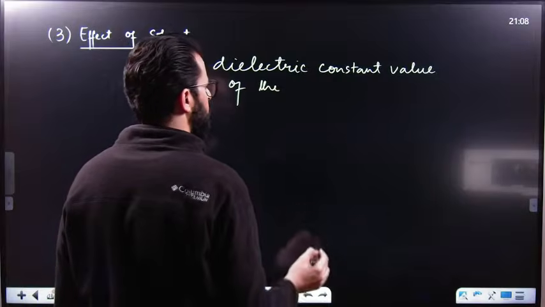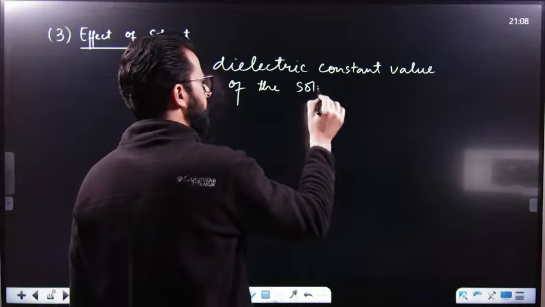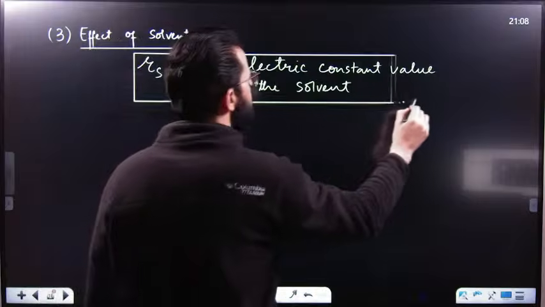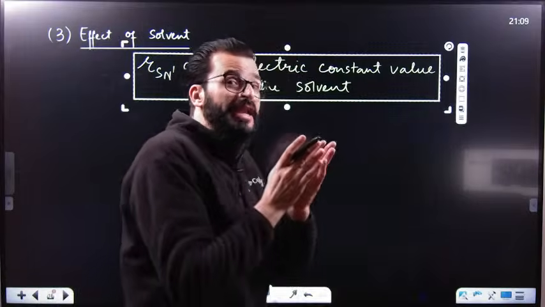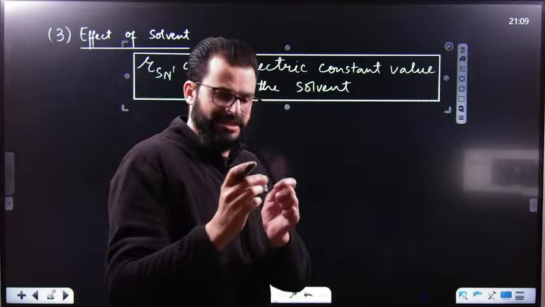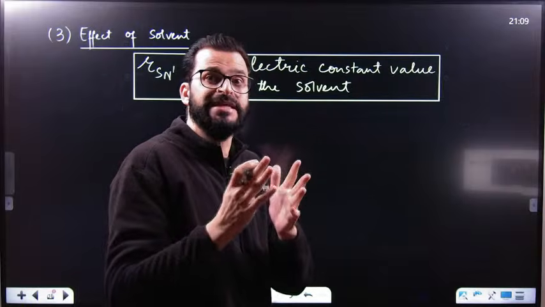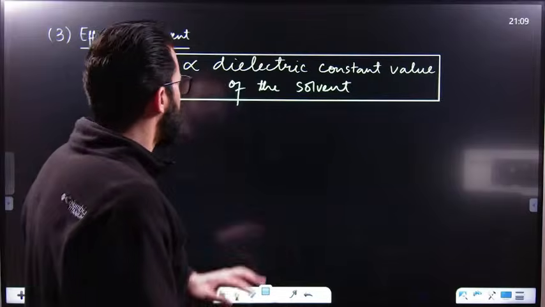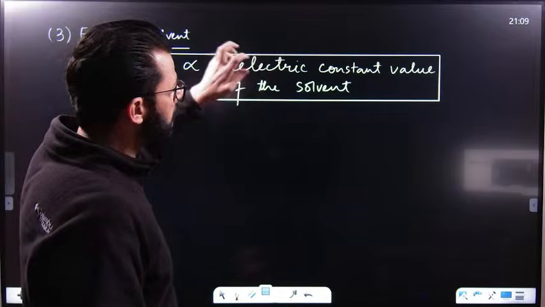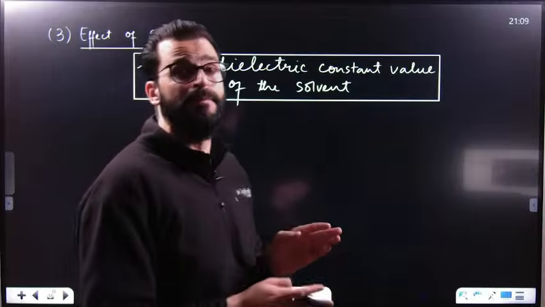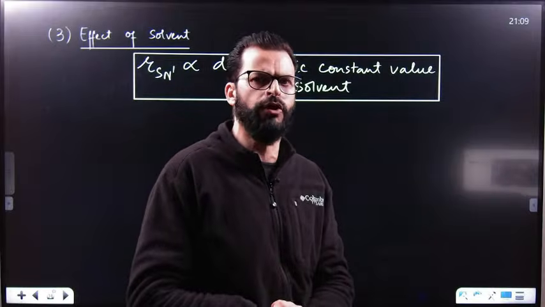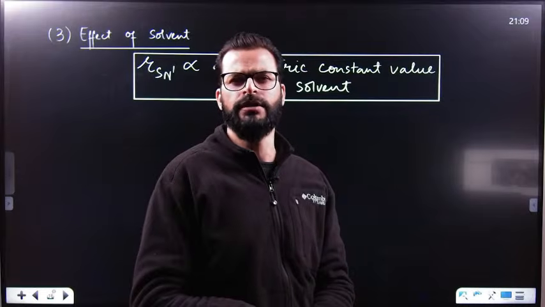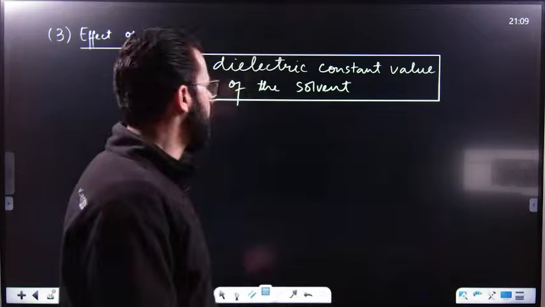Dielectric constant means the ability, tendency, capability to separate positive and negative ions. That means its ability to ionize the CX bond. The solvent whose dielectric constant is more has more ability to ionize the CX bond, and that shows more SN1 reaction.